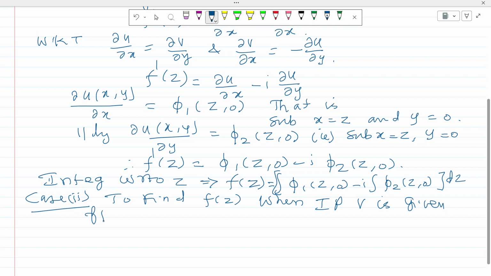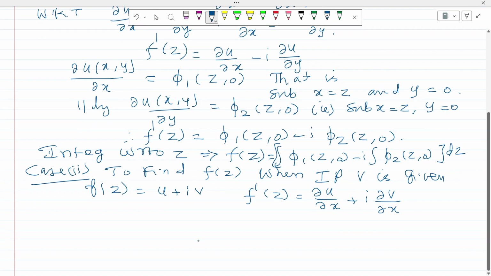So what is f of z here once again? u plus iv, then f dash of z is dou u by dou x plus i dou v by dou x.